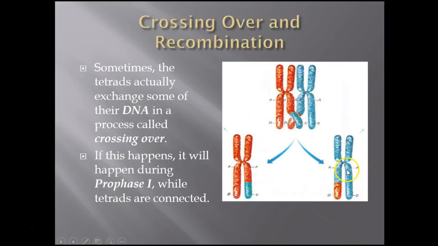After crossing over has occurred, you can see that dad's chromosome has a little piece of mom's chromosome now attached. And likewise, mom's has a little piece of dad's chromosome attached. So now, some of mom's DNA is on dad's chromosome and vice versa. So the chromosomes have been recombined. The genes have been recombined.